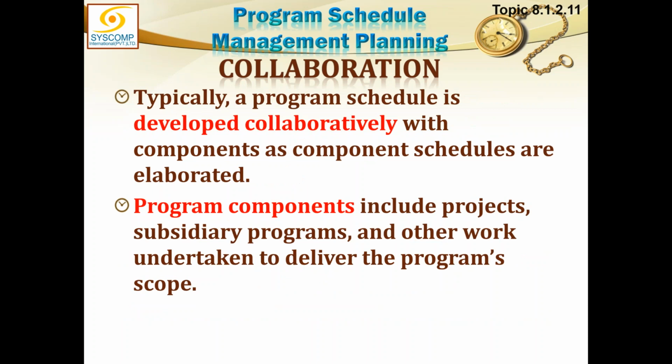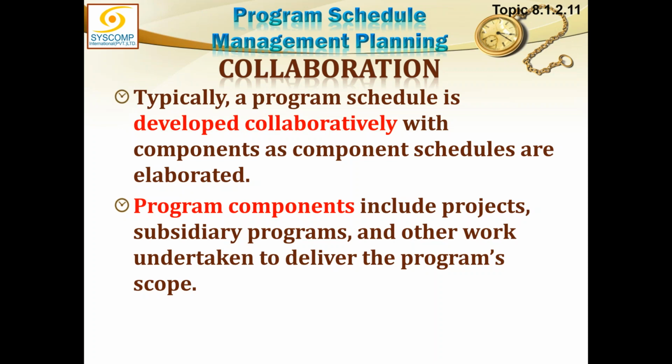But what is expected from each milestone? Typically, a program schedule is developed collaboratively with components, or component schedules are elaborated. So you will create an outline plan first, and then you will allow the project managers or the component managers to create their own detailed plans, and those plans come back to the program manager, and he then unifies those plans.